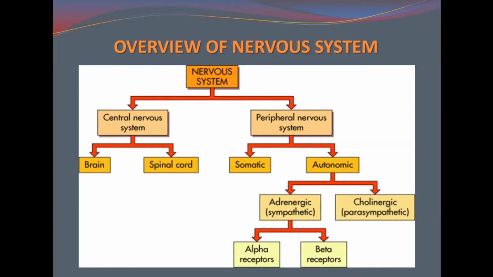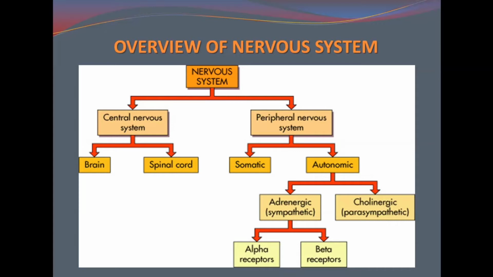Somatic nervous system is voluntary in nature and controls the movement of skeletal muscles. Enteric nervous system controls the activity of GI, while the autonomic nervous system is involuntary in nature and is subdivided into adrenergic, or sympathetic nervous system, and cholinergic, so-called parasympathetic nervous system.